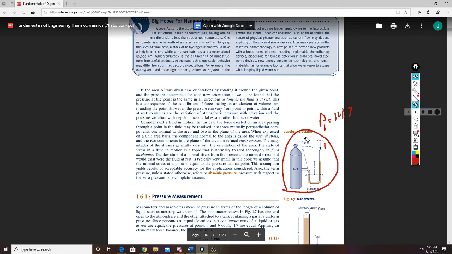And if I said state 2 is here, with some other properties, you could find the pressure. So that's how pressure is used in this class: as a way to identify state points.